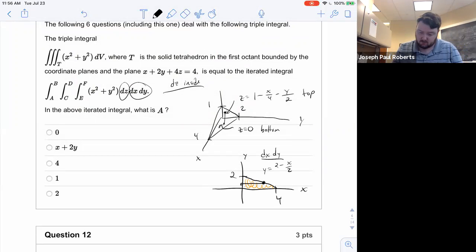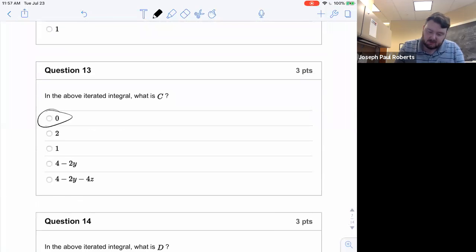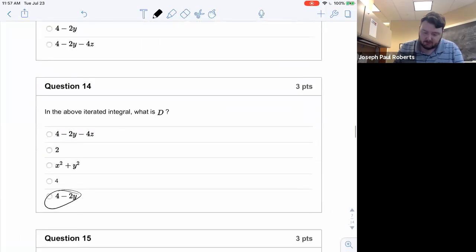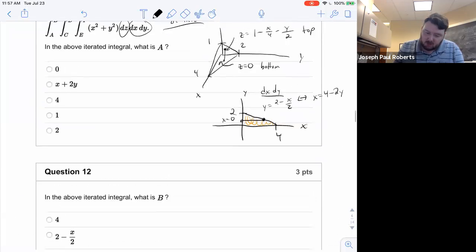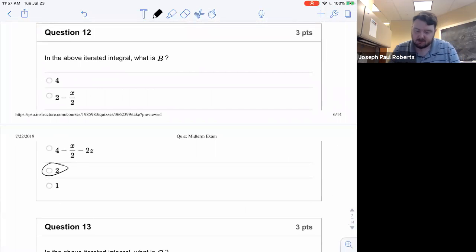Yeah, because the slope is minus 1/2, which means that x is 4 minus 2y. That is our right curve. x equals 0 is our left curve. So that's our C and D, 0 to 4 minus 2y. And then finally, y goes from 0 to 2. That's our outermost bounds. So there we go.